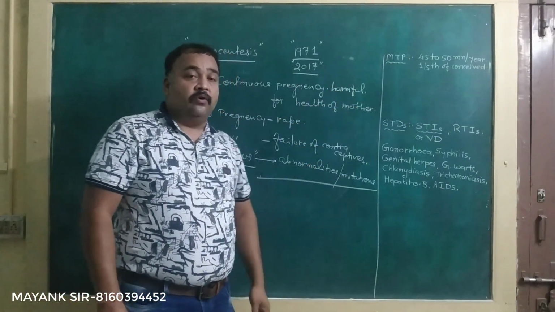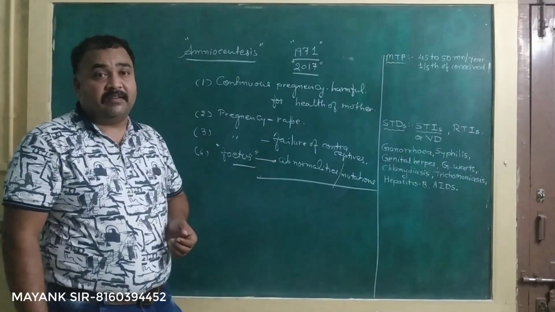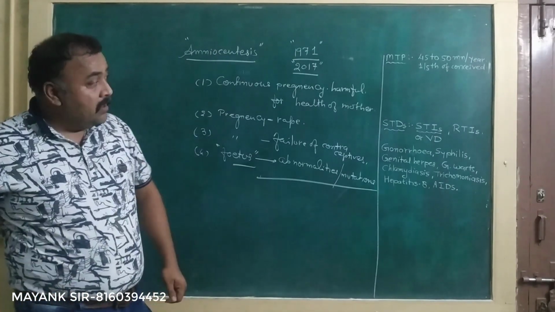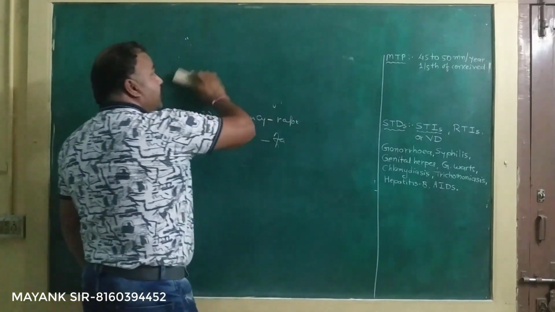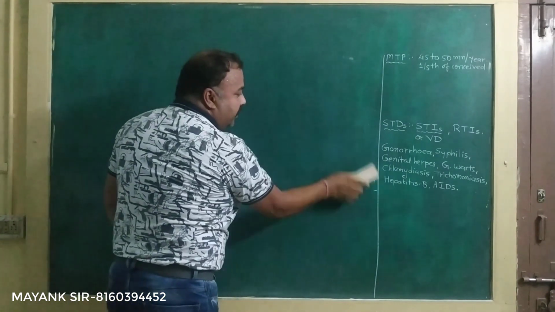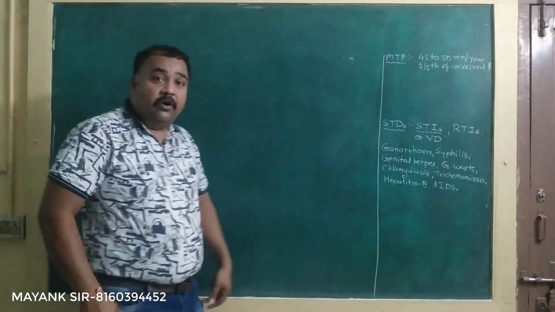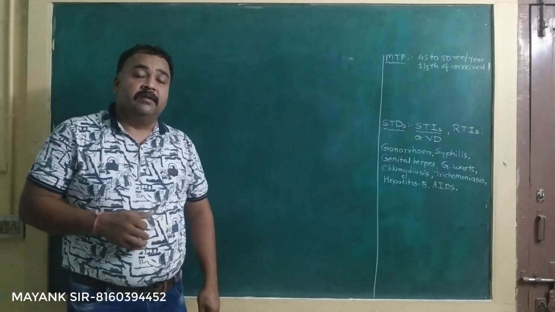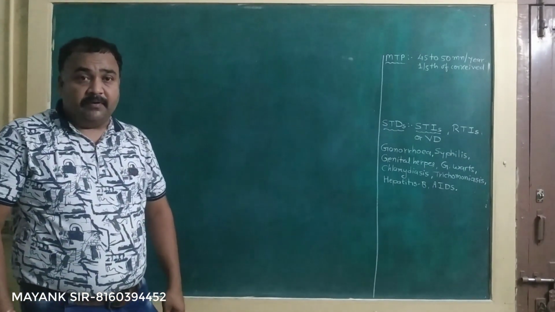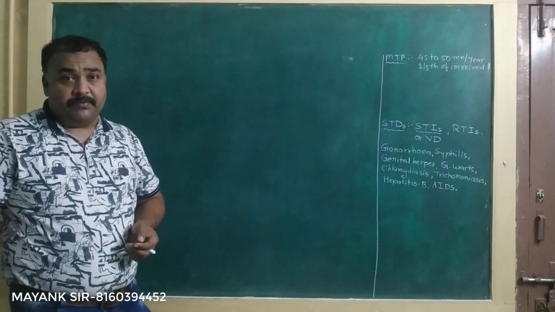And now we are going towards the third topic, and that is known as STD or sexually transmitted diseases. We have studied the use of contraceptives. Sometimes the use of IUDs, implants, or a combination of progesterone and estrogen is also utilized to prevent pregnancy from rape or the failure of contraceptives.